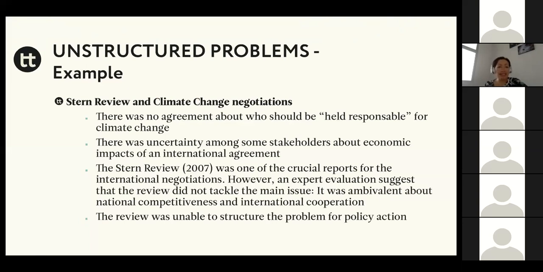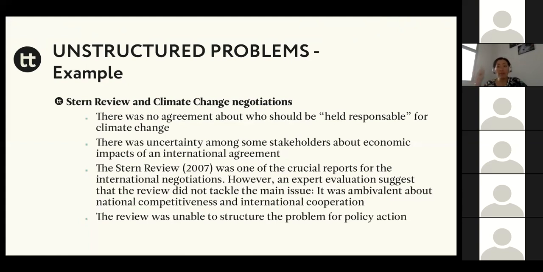So when I was looking for an example to understand these types of problems, I came across some interesting reviews and analyses of the Stern Review. As you may have heard, the Stern Review, which was drafted 10 years ago already, was one of these critical reports that was meant to push forward the negotiations around the climate change agreement.